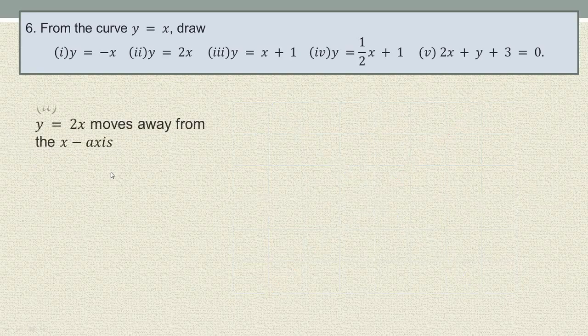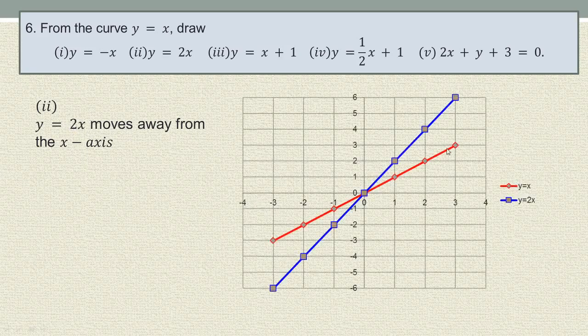And second is y is equal to 2x. 2x means you are multiplying the positive constant with x. And this positive constant is greater than 1. So it moves away from the x-axis. Therefore, the diagram is like this. What you will do: 0, 0 here.